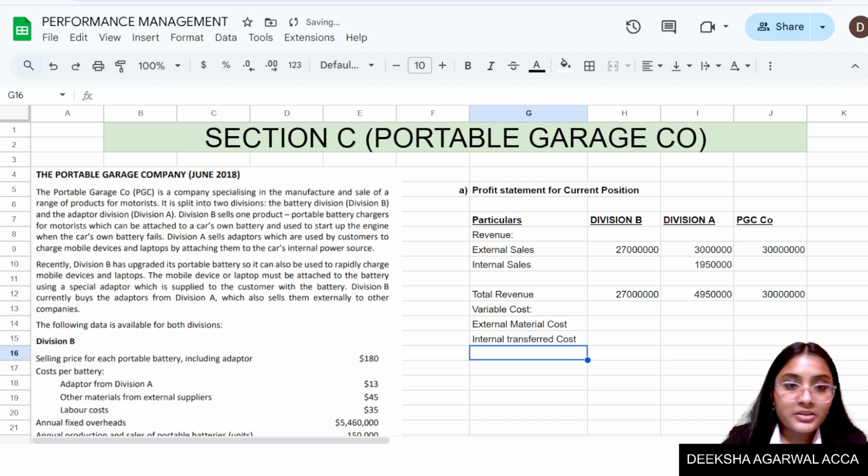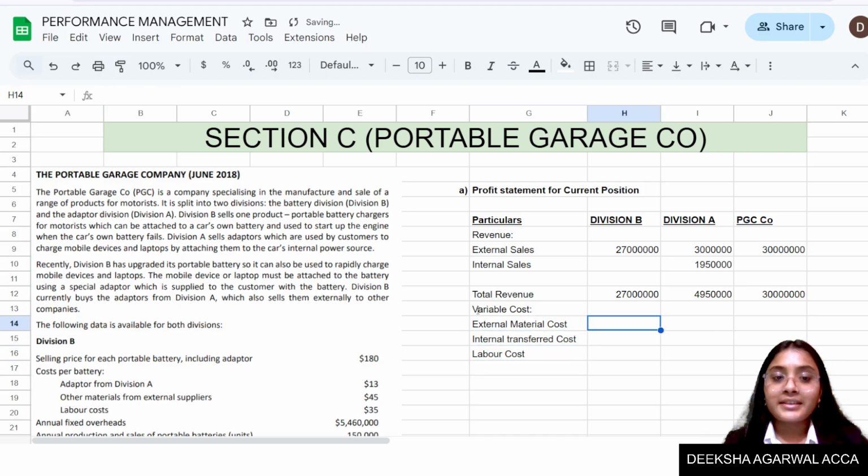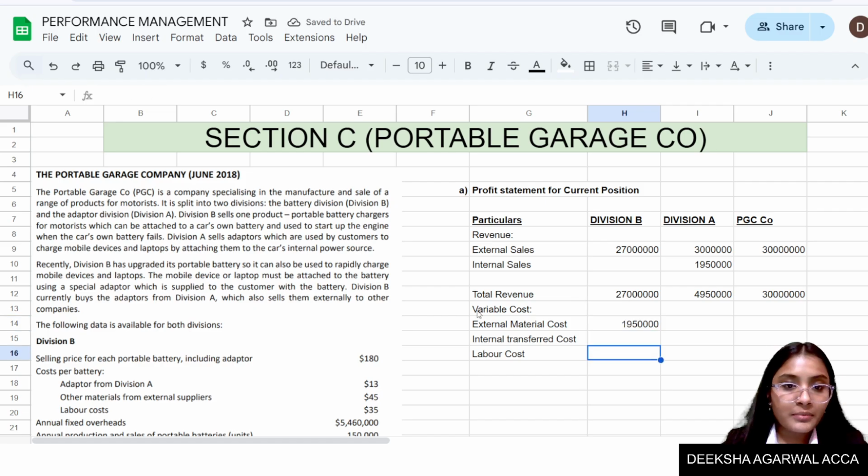Your labor cost is also given to you. Now see, my external material cost will be for division B. It will be how much you are buying. 1,50,000 units you are buying, for how much? $13. That will be a cost to them.